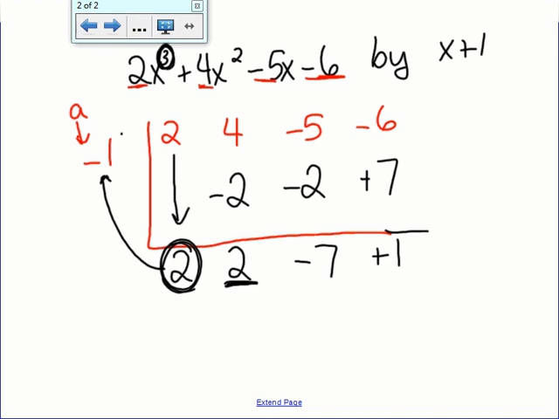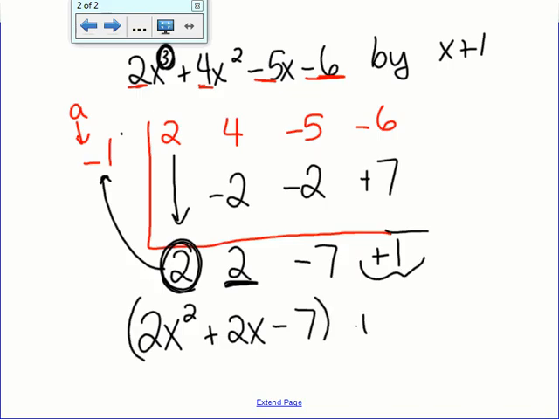So that means when I put these guys in, I'm going to put these coefficients with variables of degree 2. So I'm going to go ahead and write it as 2x squared plus 2x minus 7. And then I've run out of variables to use, so this +1 is going to be hanging out as a remainder.